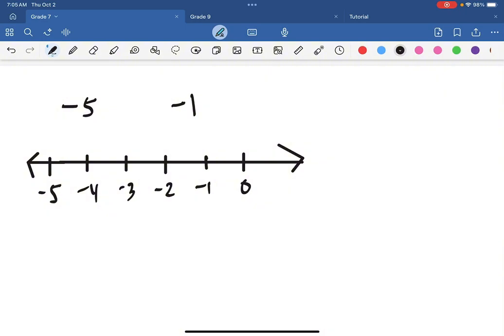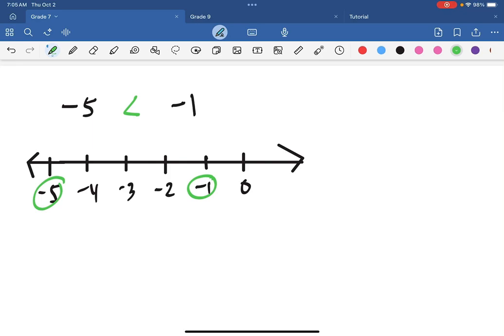So the first number from the left is -5 over -1, which means that -5 is the smaller number compared to -1. So based on this, we could say that -5 is less than -1.